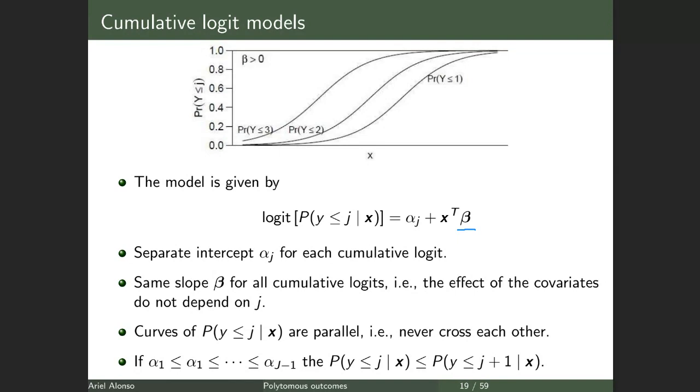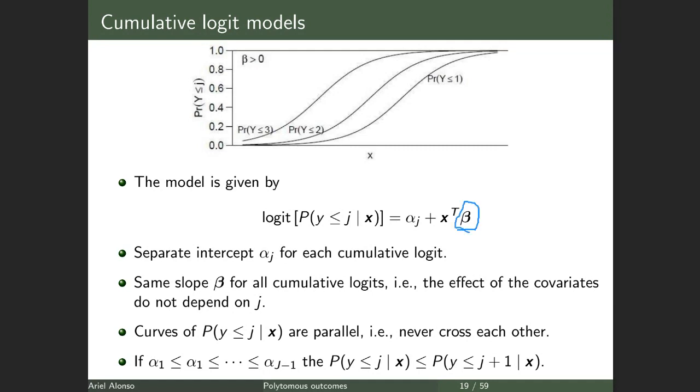And why do we do that? Well, you can motivate this model based on a latent variable model. The same way we motivated the different link functions using a latent variable model, we are going to use that here again to motivate this model. If you assume the existence of a latent variable model, then you will see that the beta will be the same, that the beta will not depend on j.